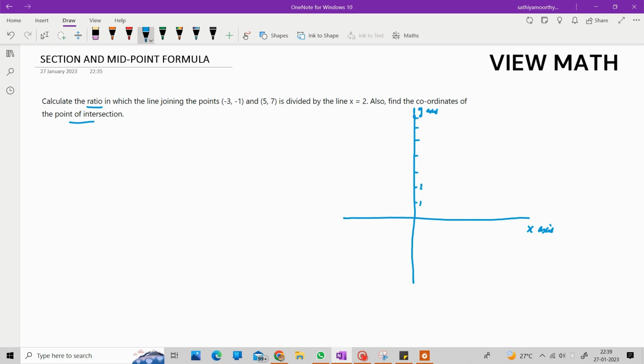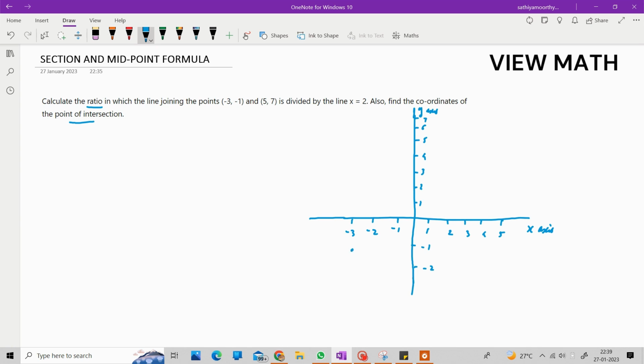Here -1, -2, -3. What all is needed alone I'm plotting. Now -3, -1 is somewhere here.